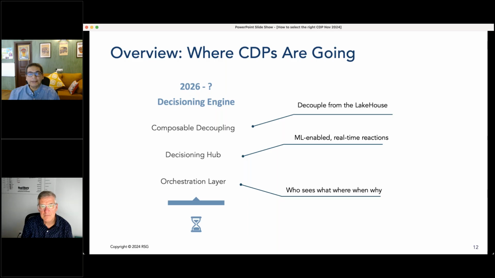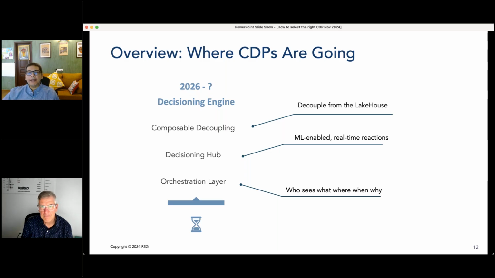They have built, in some cases, lightweight decisioning capabilities. Additionally, machine learning is becoming a core feature of CDPs, enabling real-time reactions and decision making. For example, tailoring an offer based on browsing behavior within seconds.